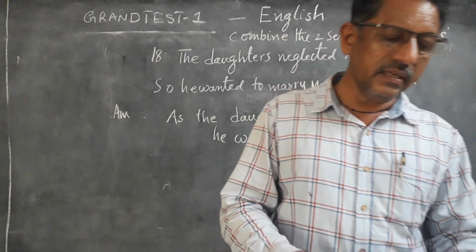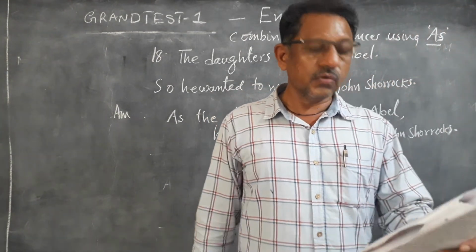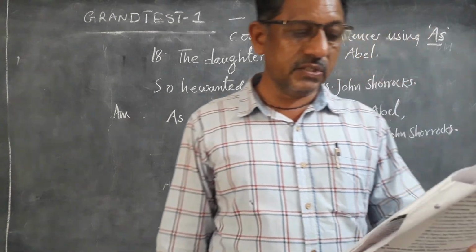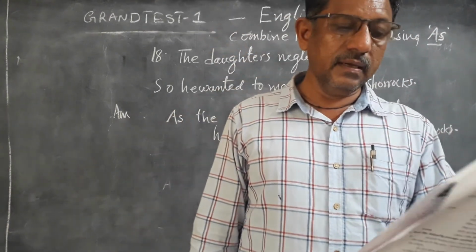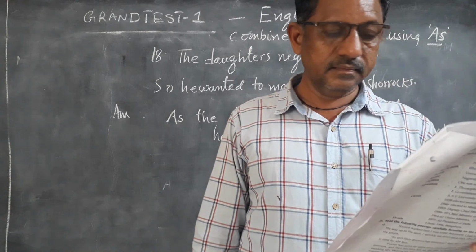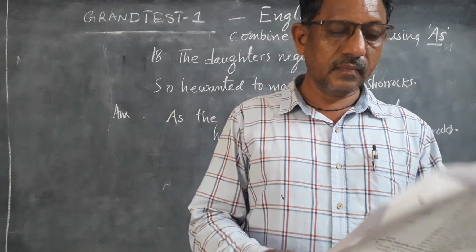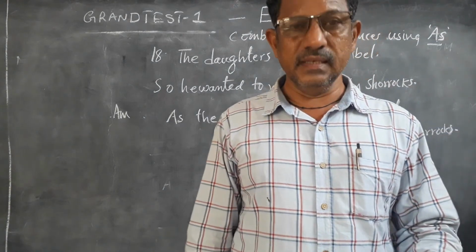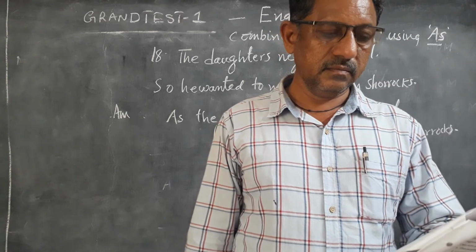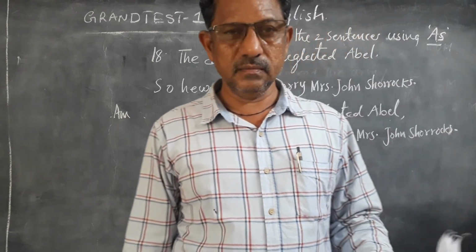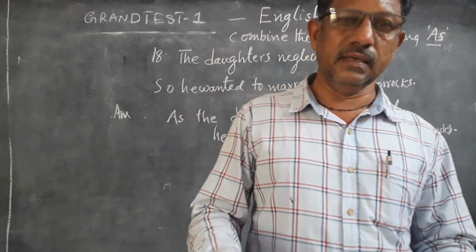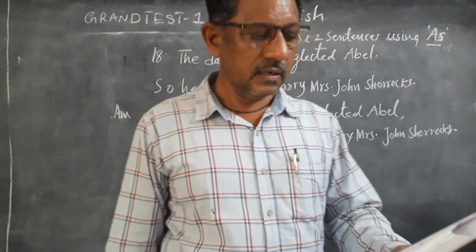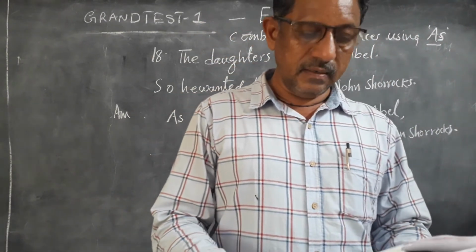Next, section C, creative expressions. Question number 33, either conversation or diary entry. Whichever is easy, write one. If you feel you can write conversation very easily, attempt it, or you can attempt diary entry.